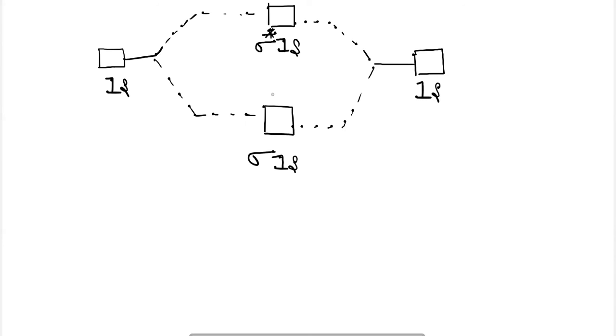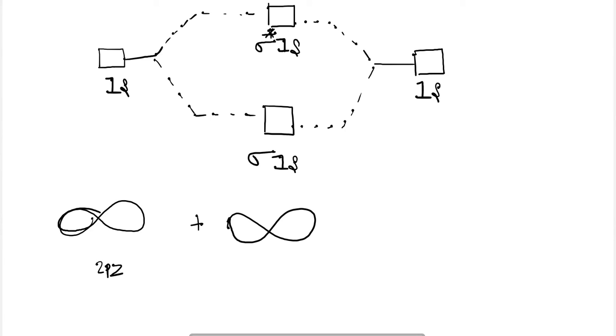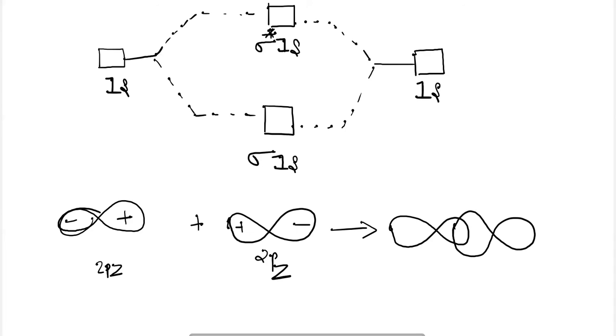This was for the 1s. For p, if we combine orbitals to form a molecular orbital, let's say 2pz, positive negative and negative positive, they combine with each other to form a molecular orbital, something like this: positive, positive, negative, negative.